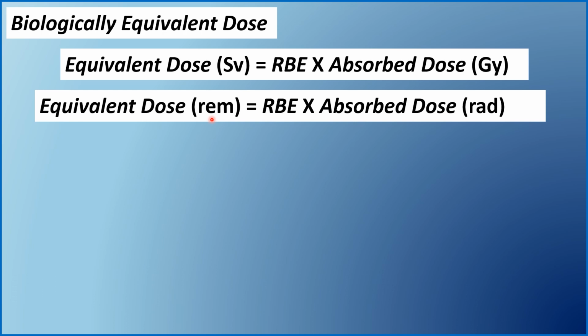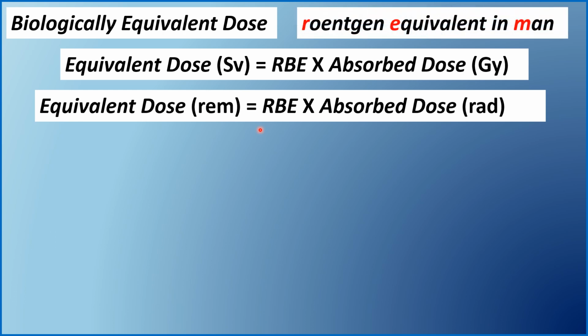Rem is just the acronym for Roentgen equivalent in man. Roentgen used to be a unit of radiation exposure, but it has been replaced by this unit rem.